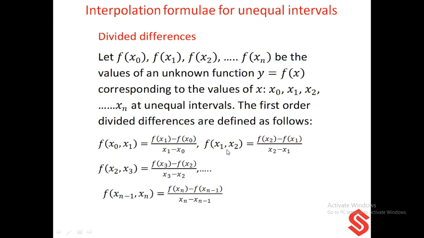Similarly, f(x1, x2) = (f(x2) - f(x1)) / (x2 - x1), f(x2, x3) = (f(x3) - f(x2)) / (x3 - x2), and so on. The last one is f(xn-1, xn) = (f(xn) - f(xn-1)) / (xn - xn-1). So these are the first order divided differences.